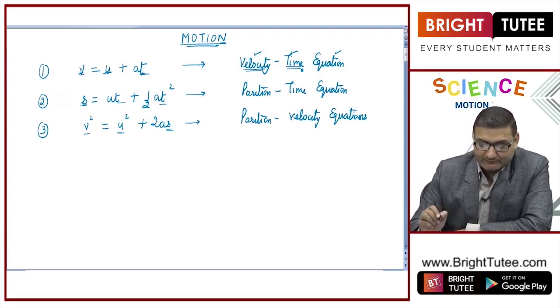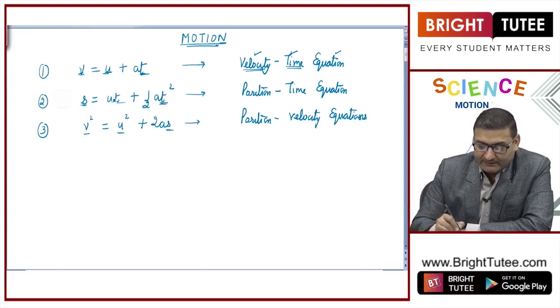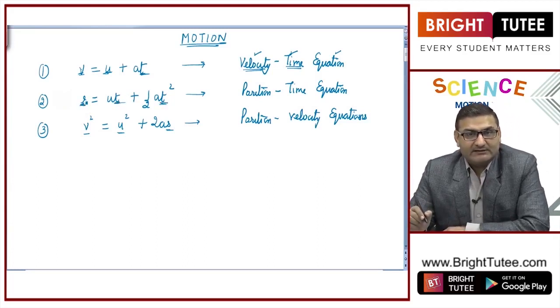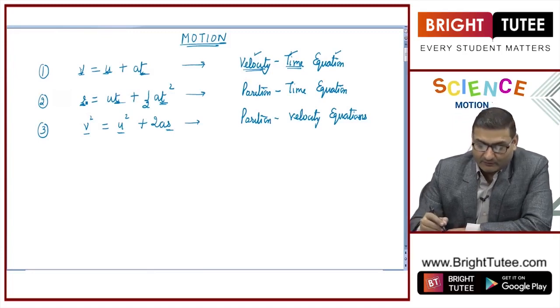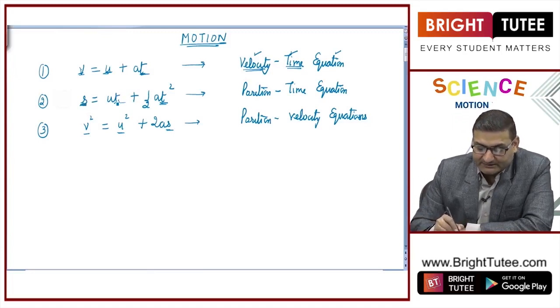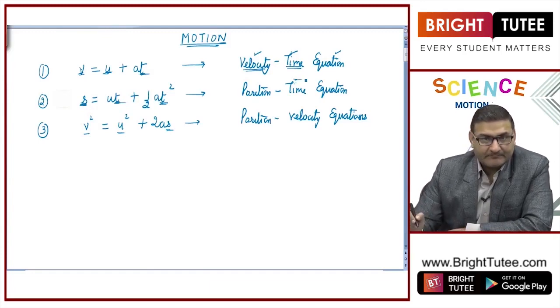In the second equation of motion, we are given primarily time and distance. With respect to time, the object is moving, so its position is changing, and that is why we call it the position time equation.